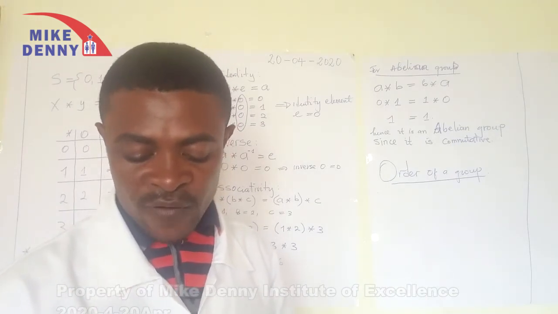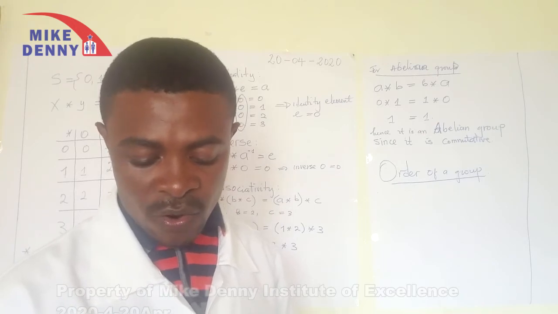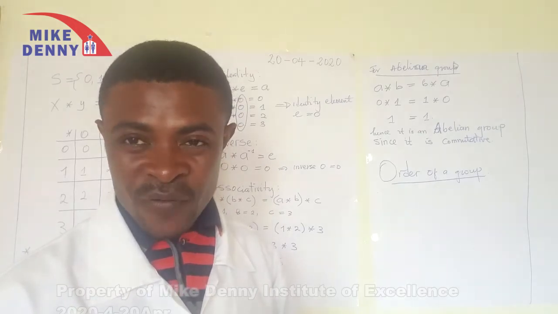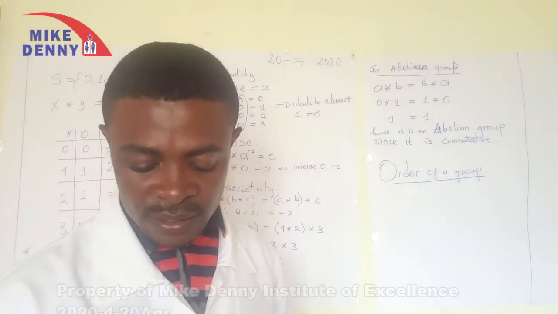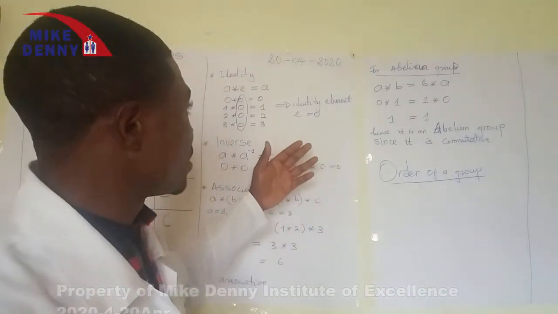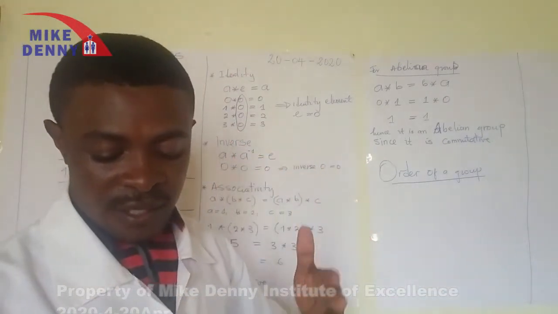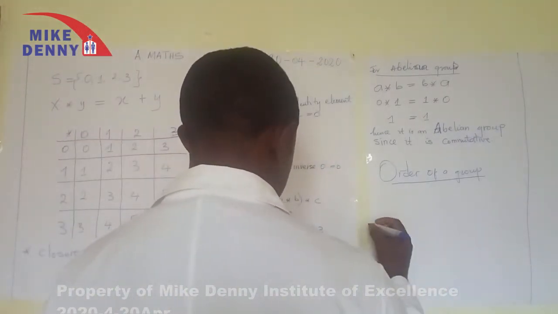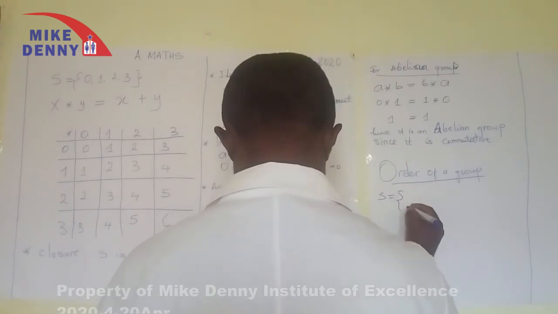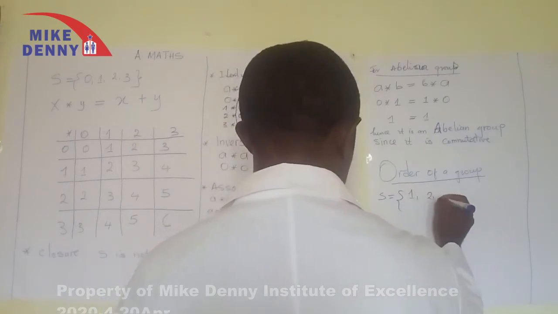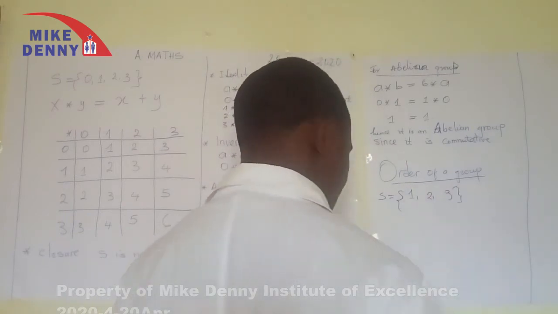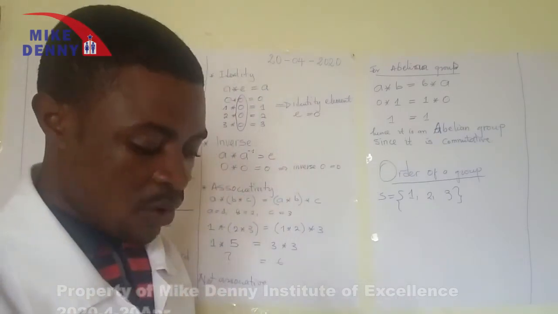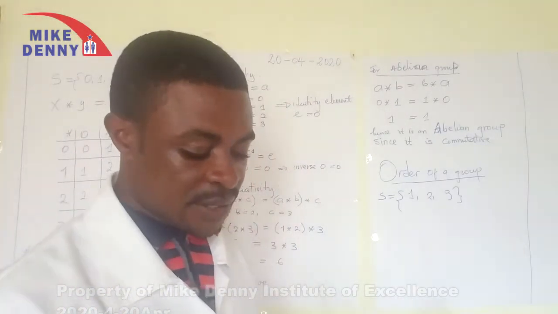This is the number of elements of a group.